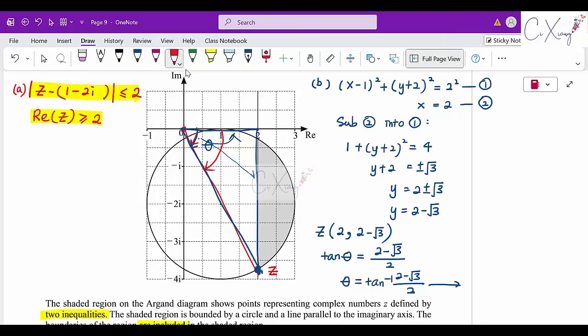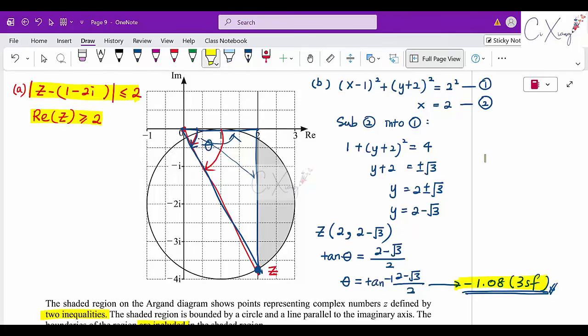So you try to press the calculator and see, are you able to get a negative value from here? If I'm not mistaken, you should be getting negative 1.08, and this will be your least value of the argument of z. Negative 1.08, correct to 3 significant figures. For this question, if you want to keep it in degree form, also can, no problem at all.